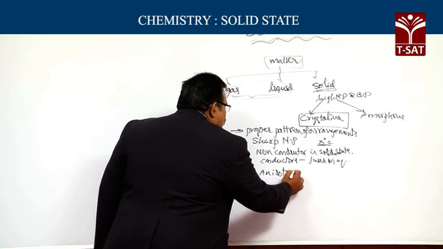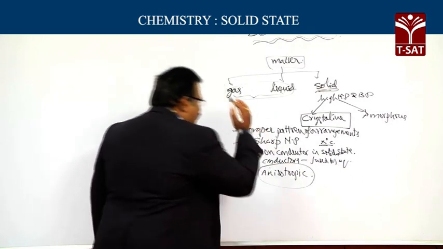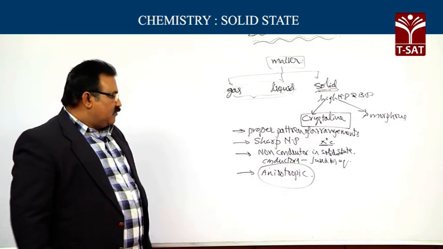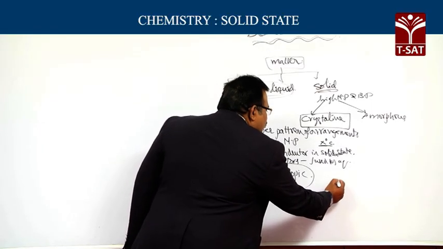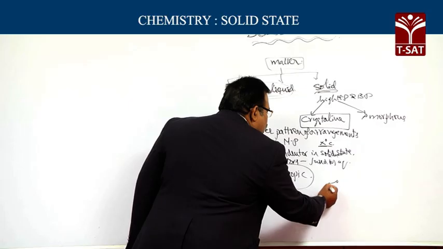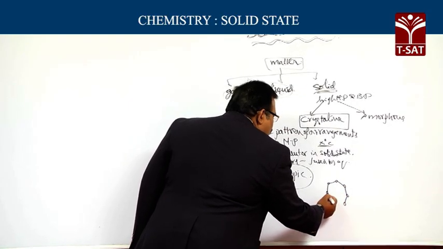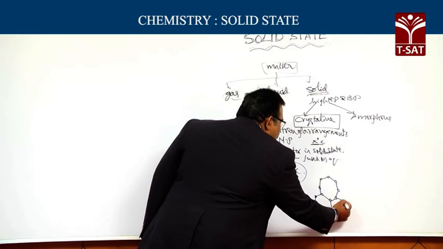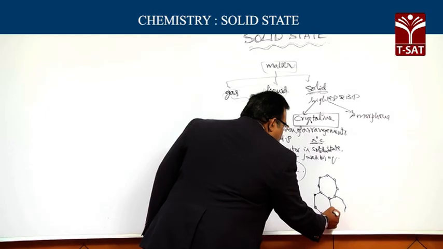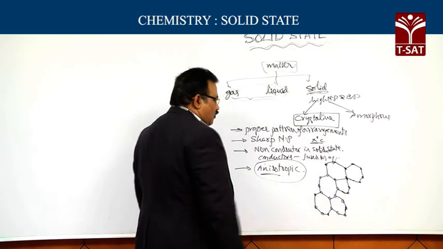And when we talk about the crystalline solids, they are anisotropic. Anisotropic. That means, if you observe the pattern of arrangement of atoms or ions in the crystal, this is a repeated pattern of arrangements. Why are they anisotropic?